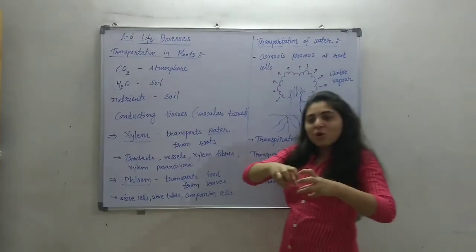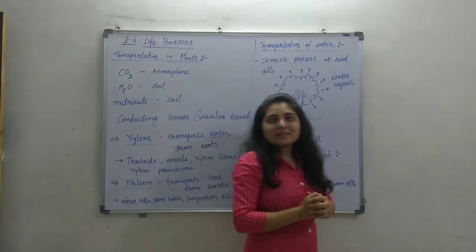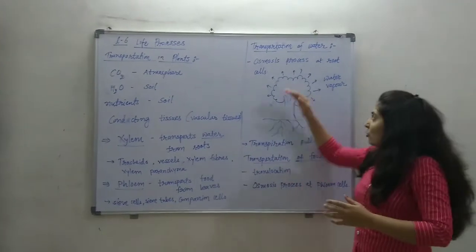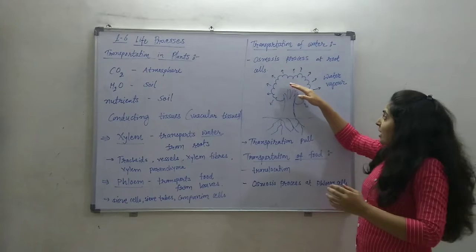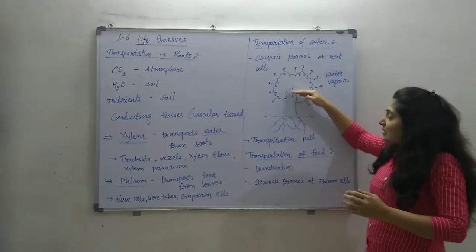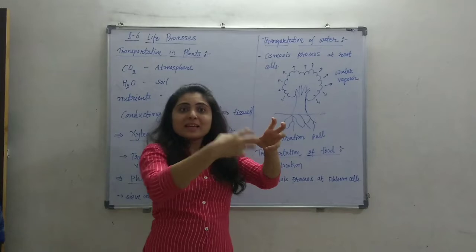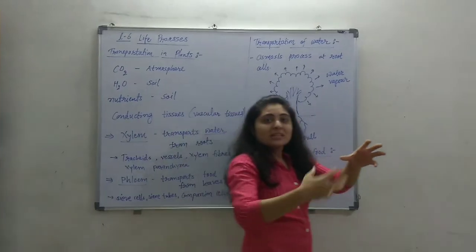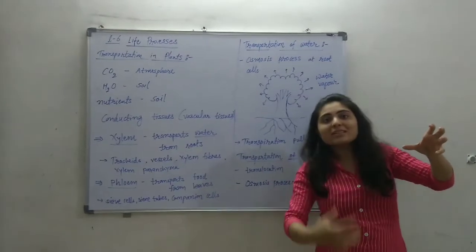And this water from the below cell will be trying to fill that space. So water will be reaching the upper cells, and as the cells are becoming empty, this empty space will be filled by the water present in the cells below.